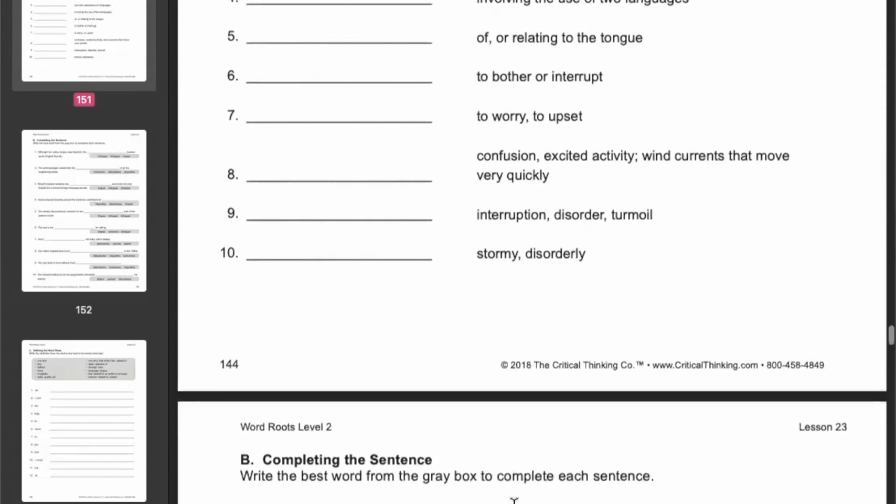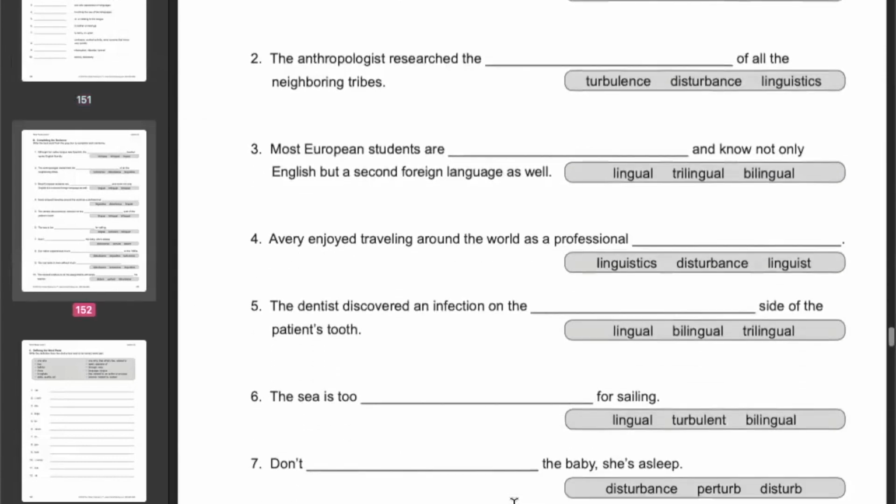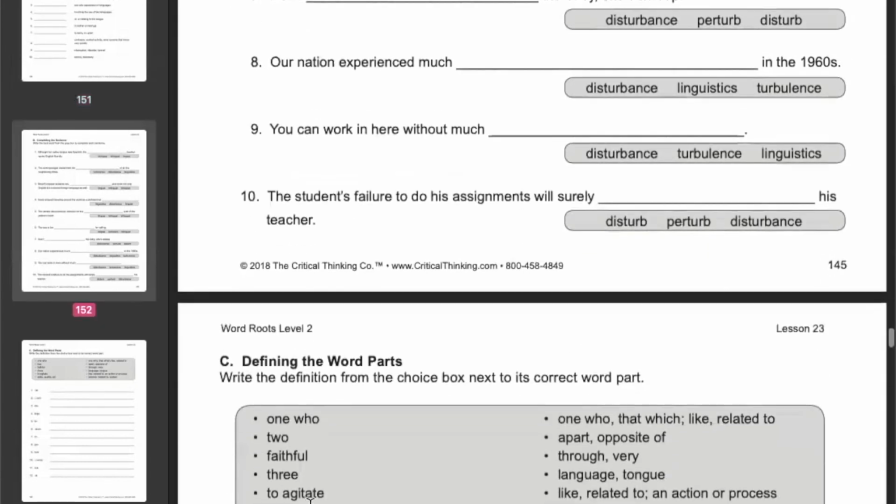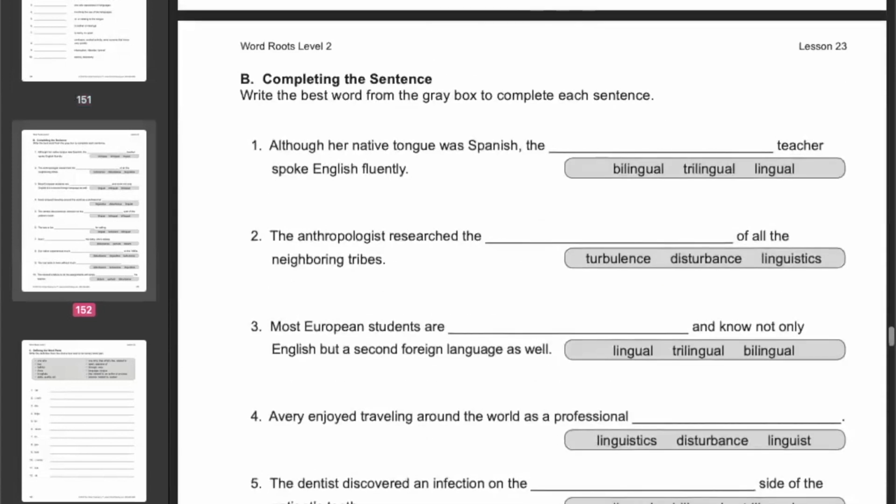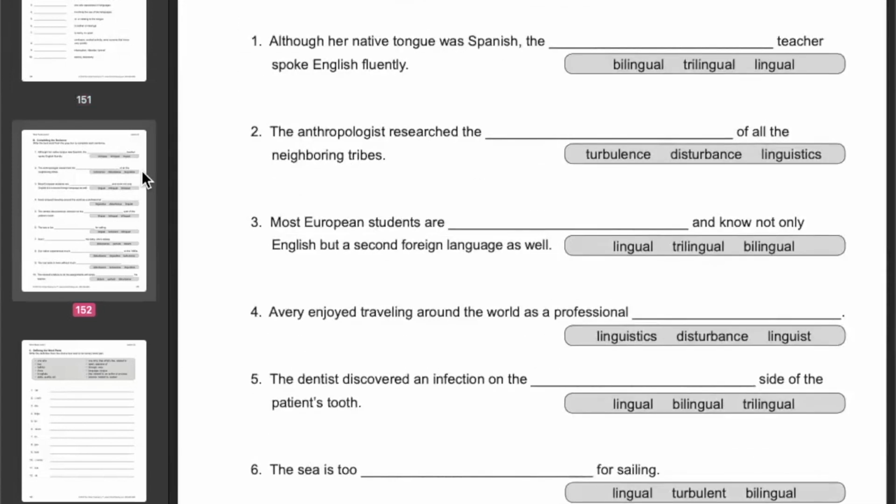So let's move into the example sentences. And after we do these 10, what we'll do is we'll switch over and do a little bit of discussing our historical root that we were going to talk about today. And then we'll come back to the next lesson afterwards.